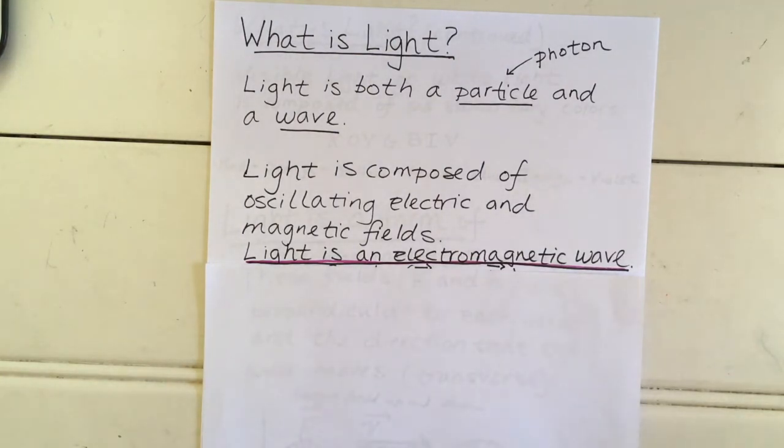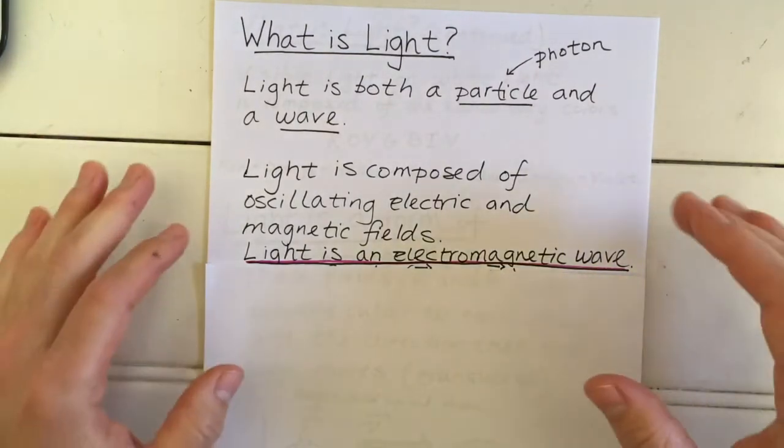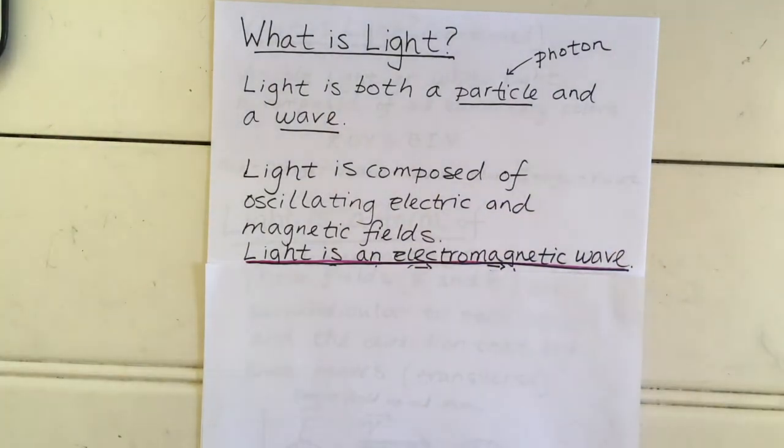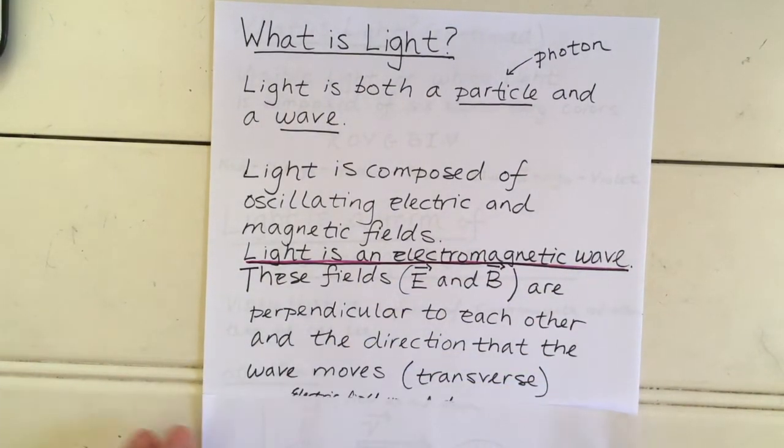One object changes the gravitational field around it. And so here we're talking about an object generating an electric field and a magnetic field, right? So light is composed of both of those fields, and these fields are perpendicular to each other.